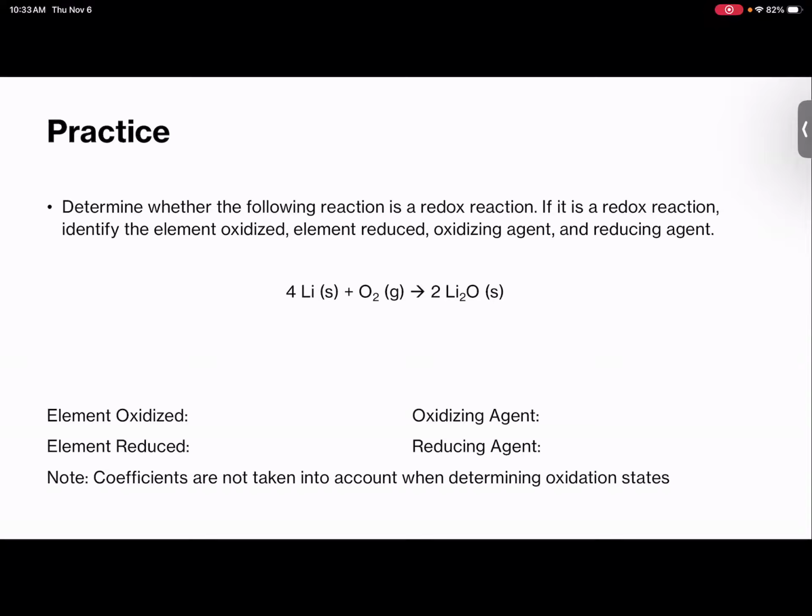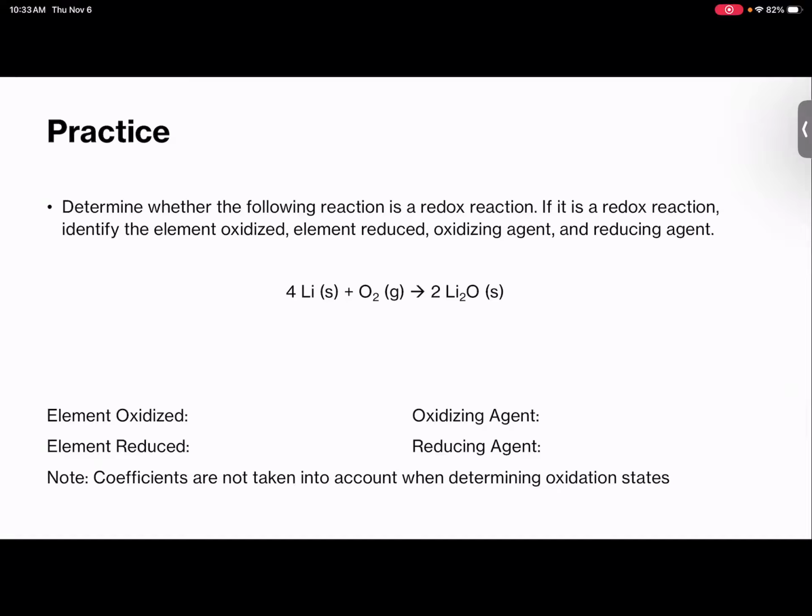This one is very similar to what you'll be doing with the copper reaction plus oxygen that you did in the laboratory. But we're going to do lithium plus oxygen, goes to form 2 lithium oxides. In this case, lithium is a free element. We know it's a free element because this compound consists of only one type of element, and this compound is neutral.